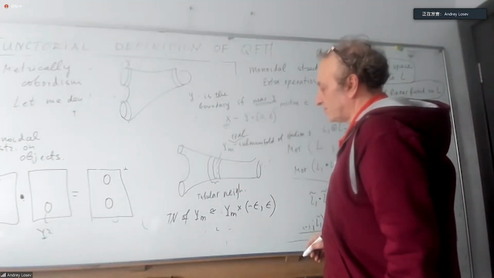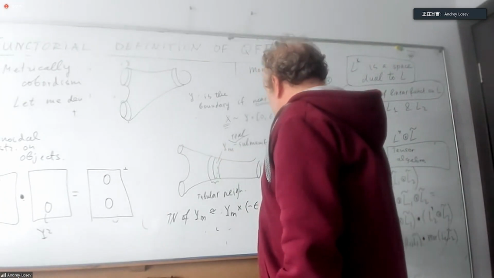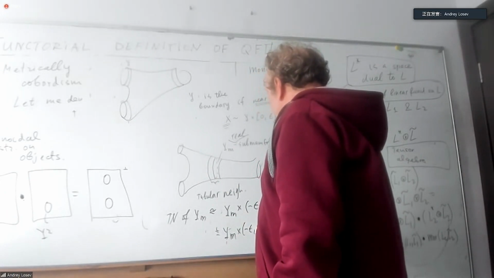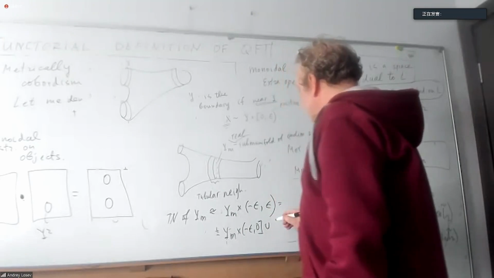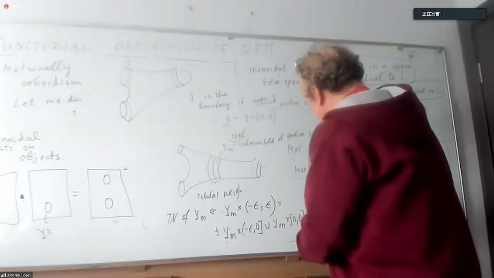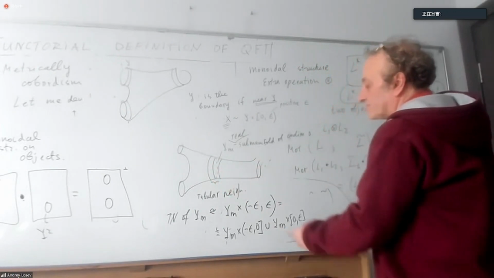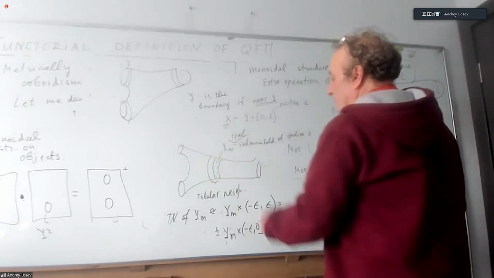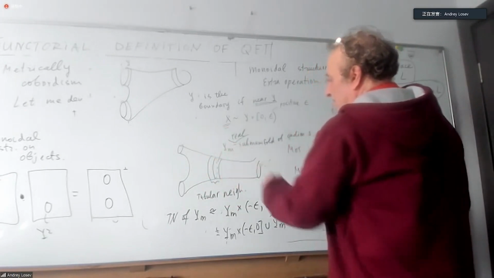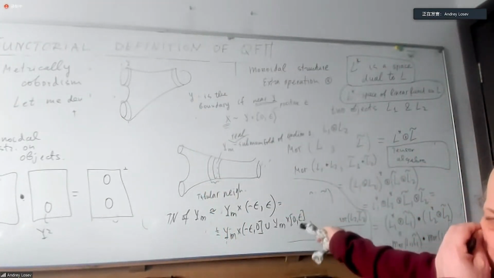Okay? And then I can say that I have two pieces. That is Y middle times the interval minus epsilon, 0. And here Y middle times 0, epsilon. So I am coming to this picture. And this is the process of how to cut a space along a closed submanifold of codimension 1. You do things like this. Okay?